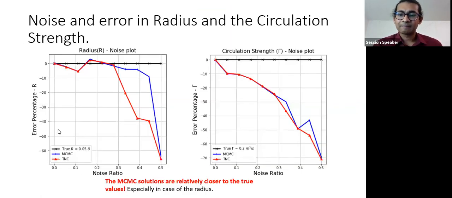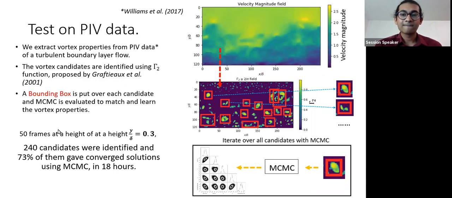However, MCMC emerges as a better choice since most solutions are closer to the true value. So far we have tested on synthetic data.